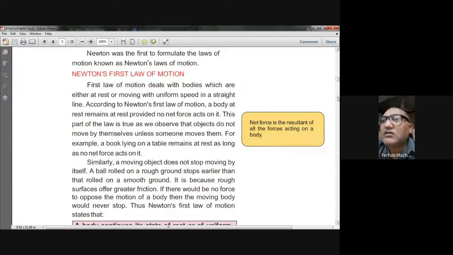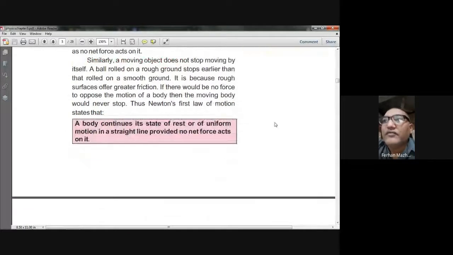Thus, Newton's first law of motion states that a body continues its state of rest or of uniform motion in a straight line, provided no net force acts on it. It's a very famous statement, Newton's first law of motion. A body continues its state of rest or of uniform motion in a straight line, provided no net force acts on it.